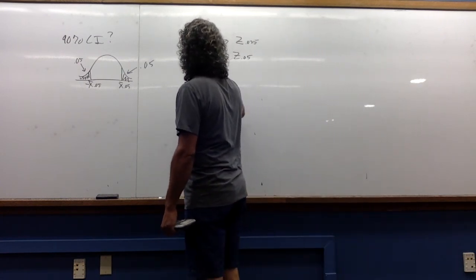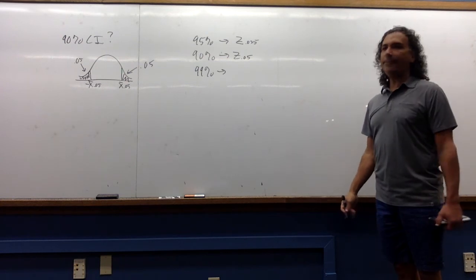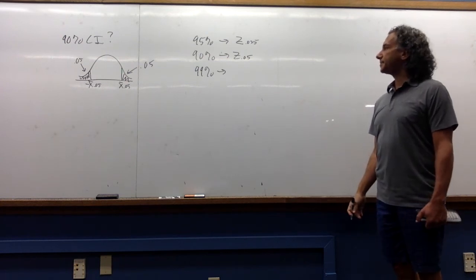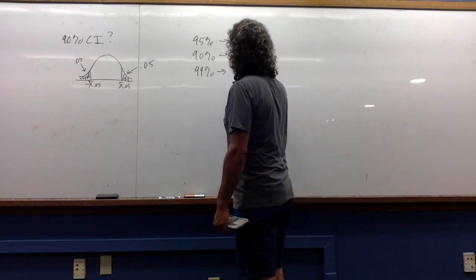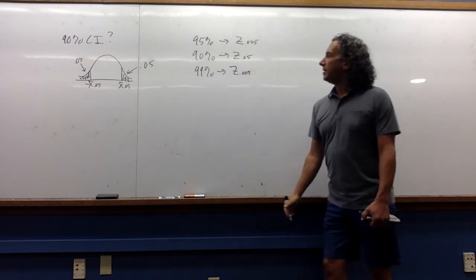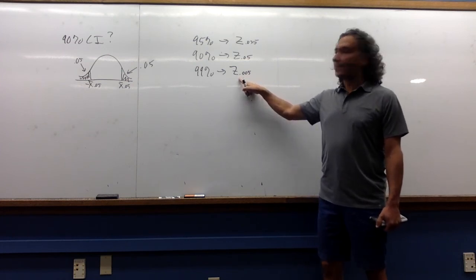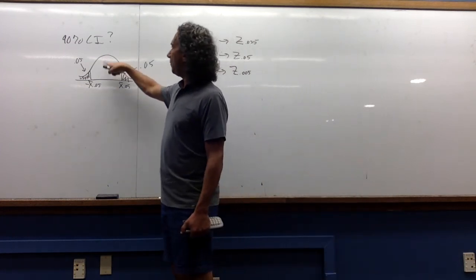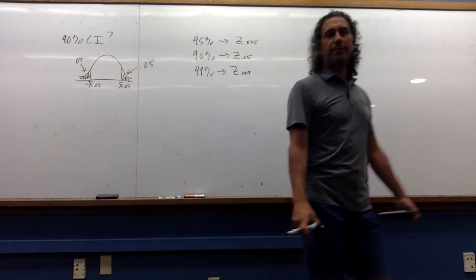With a 99% interval, I'll give you a second, see if you can figure out the correct z sub. Well, hopefully you said z sub 0.005, because if I multiply this by 2, I'll get 0.01. So 99% would be in the middle, 0.005 here, 0.005 here, and 99% in the middle.